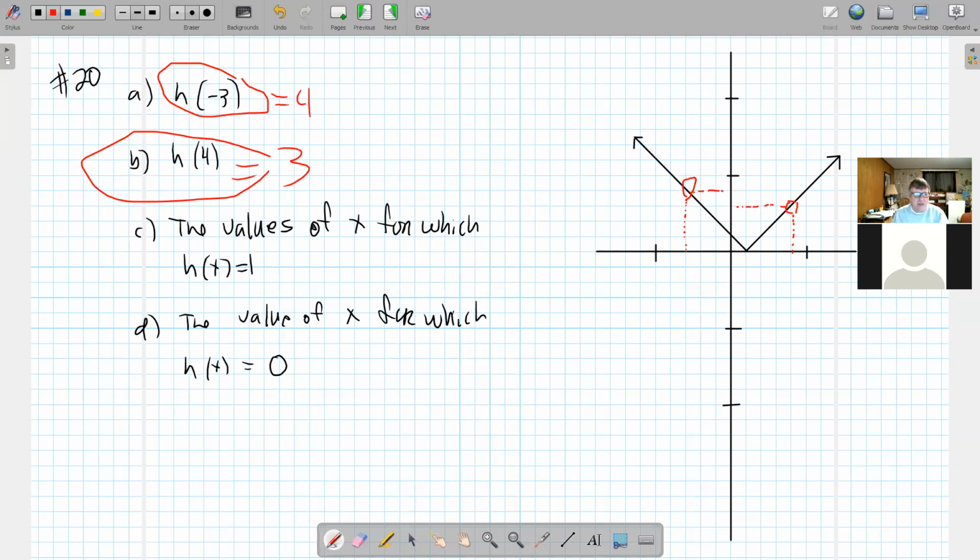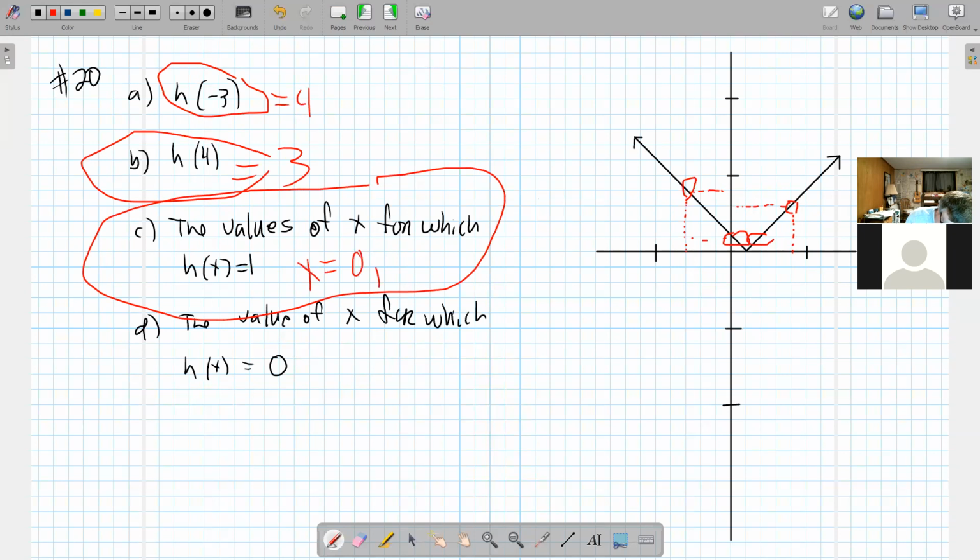The values of x for which h of x equals 1. Right there and right there. So 0 and 2. X equals 0, 2. The value of x for which h of x equals 0.